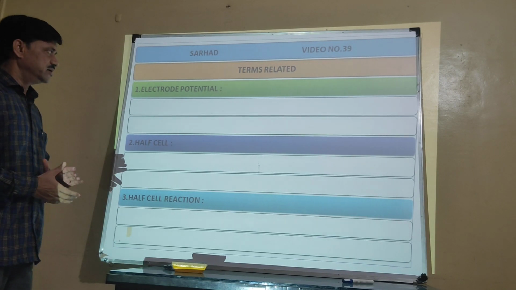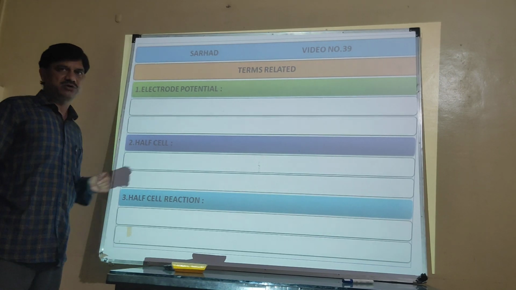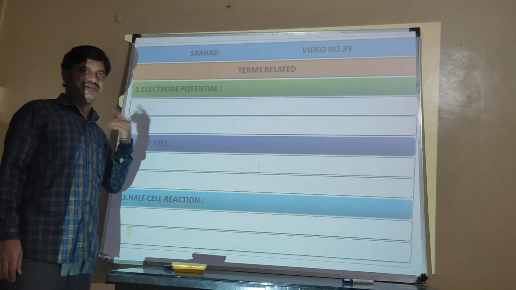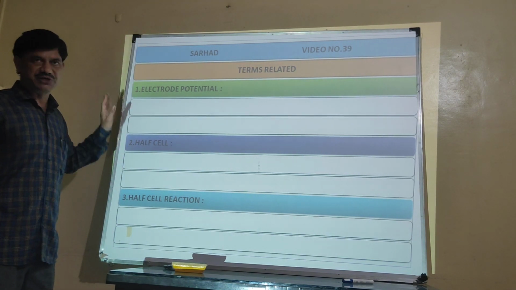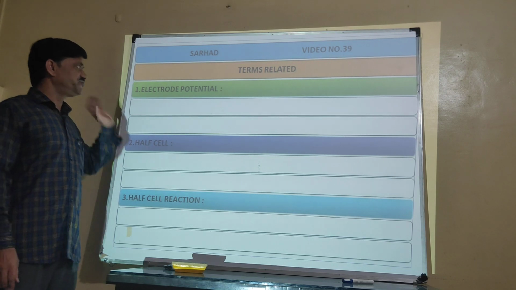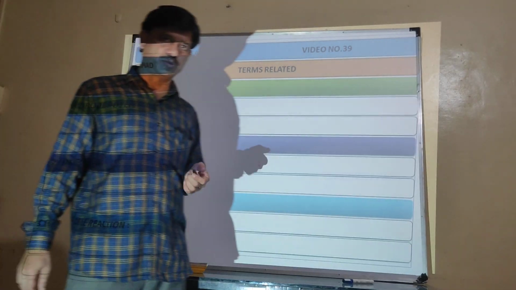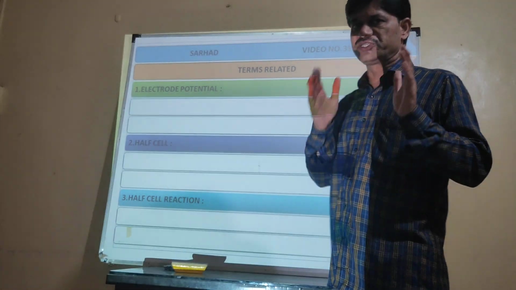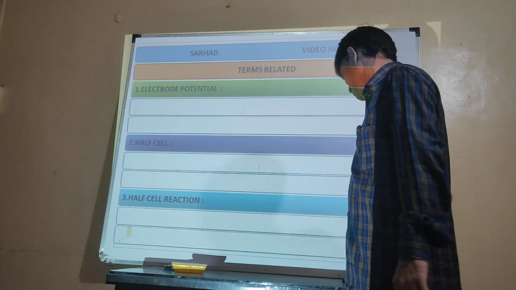Then we will shift towards the last important part, the definitions, which we are going to use in different numericals as well as MCQ discussion. What is the very first term? Electrode potential, or in some cases single electrode potential.